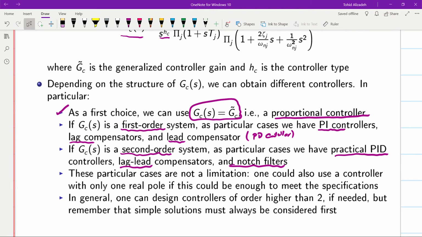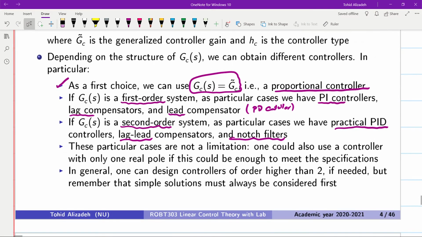So depending on the situation, you might end up designing a controller which has a single pole, for example. It might not be a lead or lag, but still a first order controller. So these are special cases that we will consider, but depending on the situation, you may come up with a controller which is not any of the ones that we have listed here.